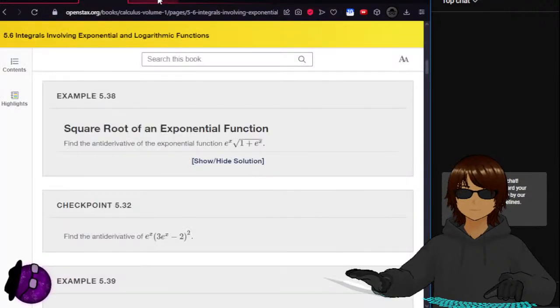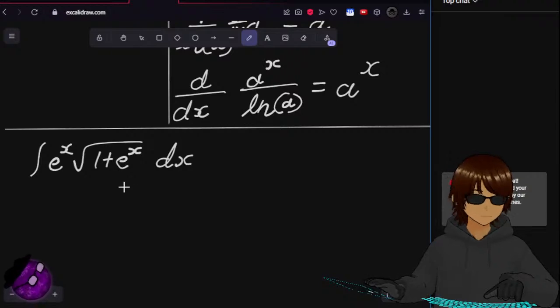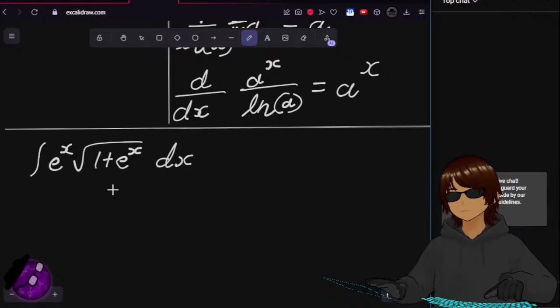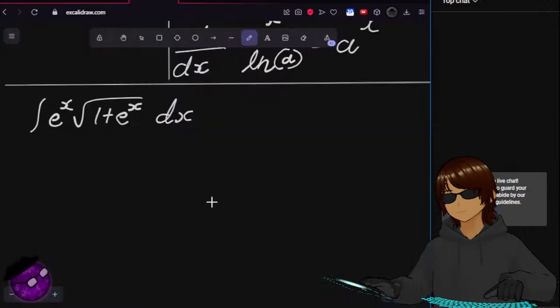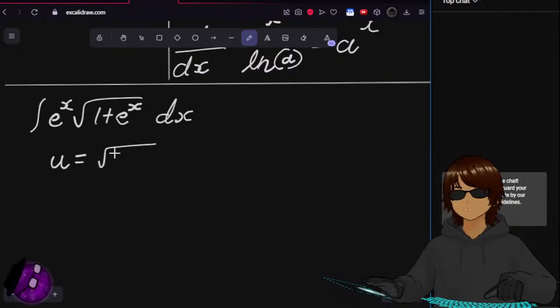Let's see how I can do this. If I do u is equal to 1 plus e to the power of x, then the derivative of u, I'll put dx on this side.